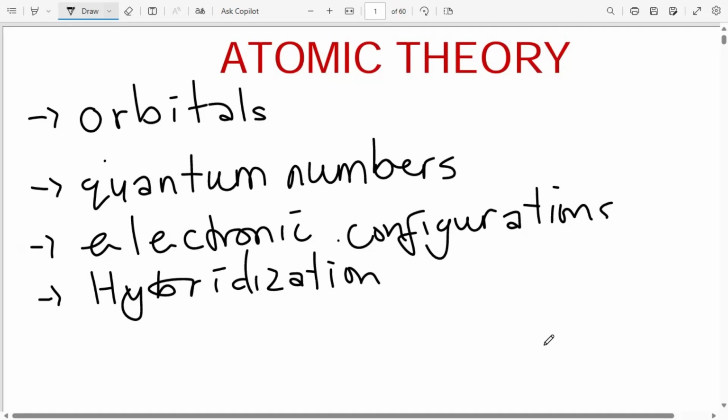So these are all very, very important concepts of atomic theory. And I'll make sure that by the end of today's class, at least we know all the necessary things that we want to talk about on these particular principles.